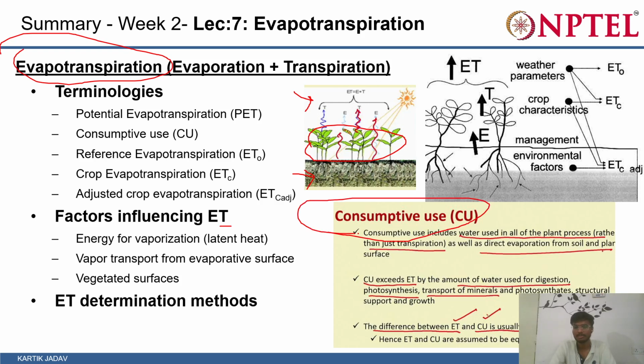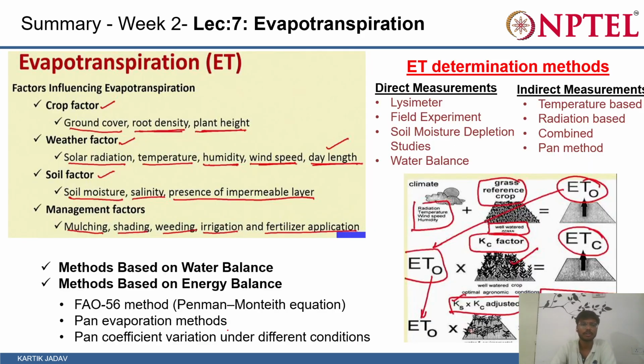Consumptive use is basically the water required by the plant for all the processes, and that helps to sustain the plant. Consumptive use basically exceeds evapotranspiration because it is the total use, but in general, the difference between Cu and ET is less than 1%. Then we have talked about various factors as I already highlighted. I'm not going into detail.